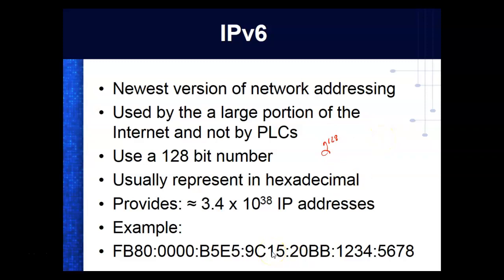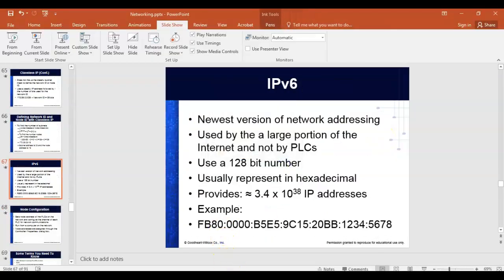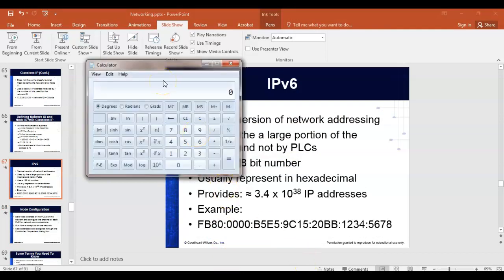In fact, what I'll do is bring up my calculator, and I'm going to put 2 raised to the 128th power and hit equals. So my calculator can't even do it. It jumped into scientific notation because it could not represent that number.